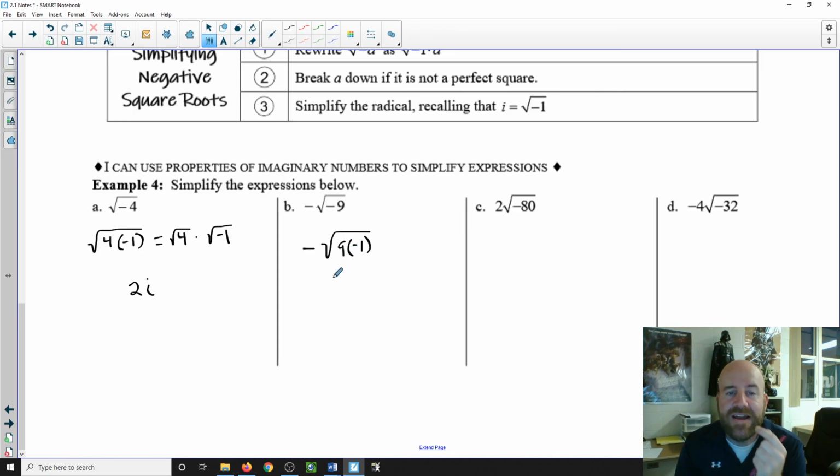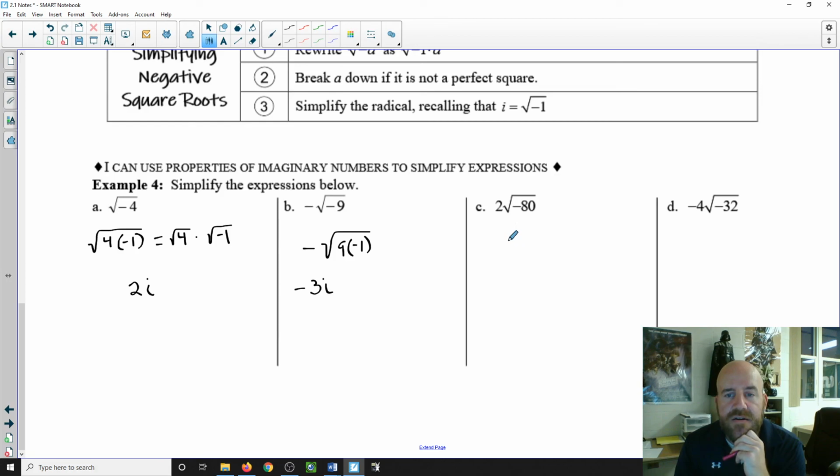And then square root of 9 is 3, so we have a negative outside. So we have the 3, and then the square root of negative 1 is i.